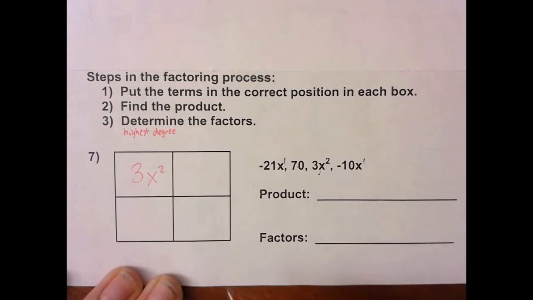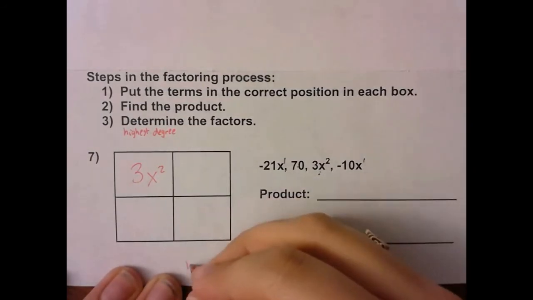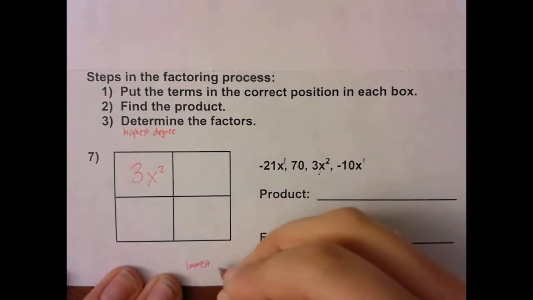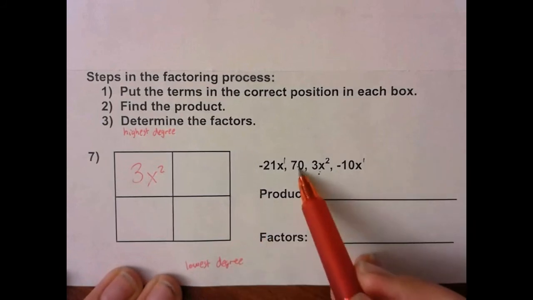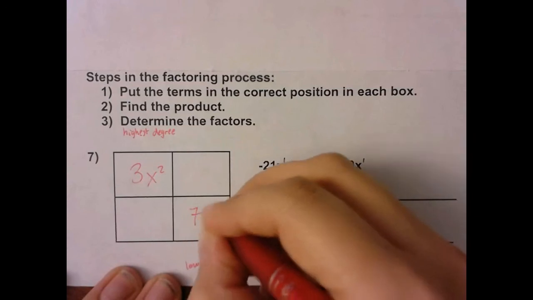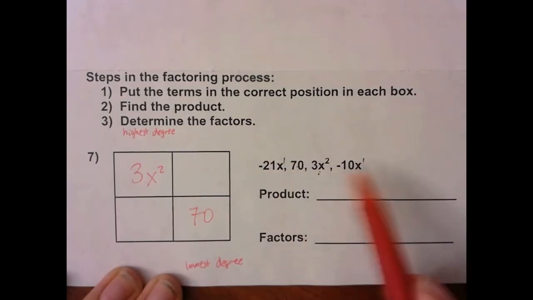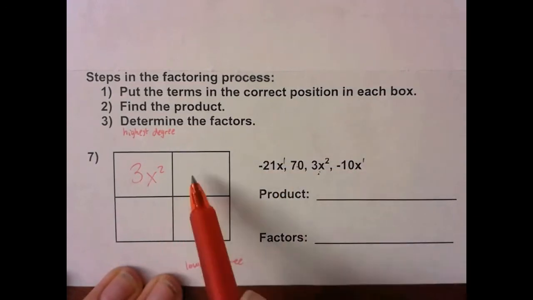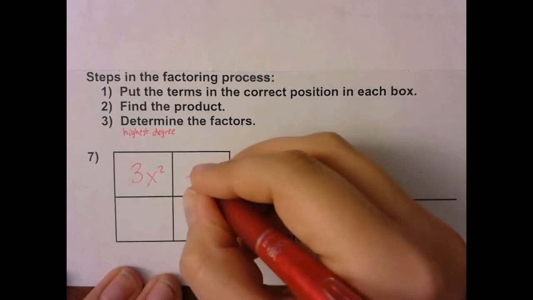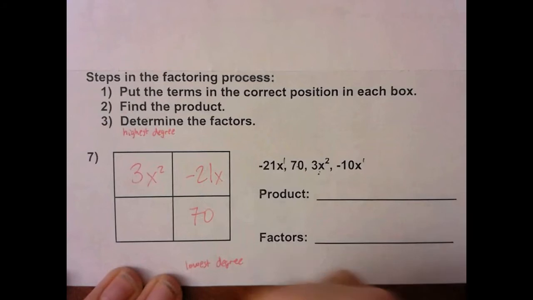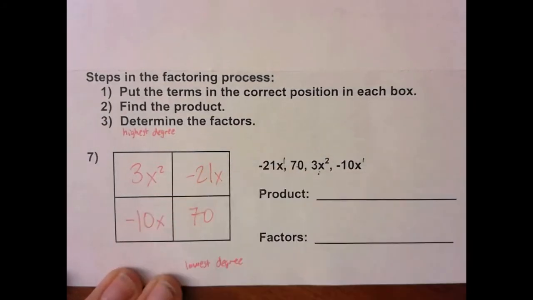Bottom right box gets the lowest degree. So that's probably going to be your constant. That's usually a constant. So 70. And then notice the other two both have just an x, so it doesn't matter if you put negative 21x here or here. I'm going to put mine right here and then negative 10x here.